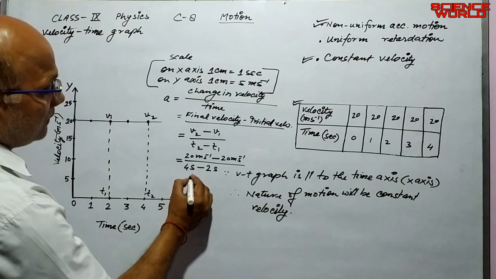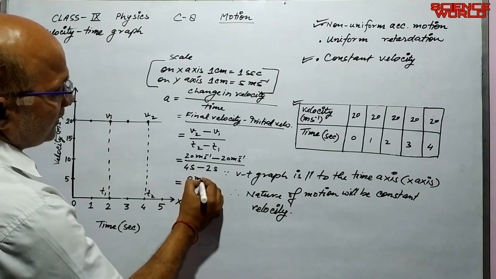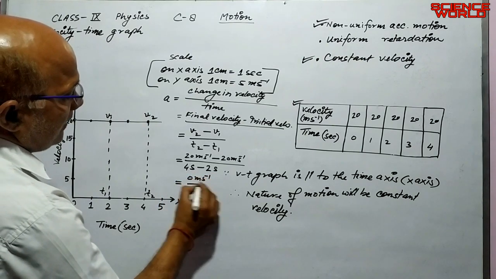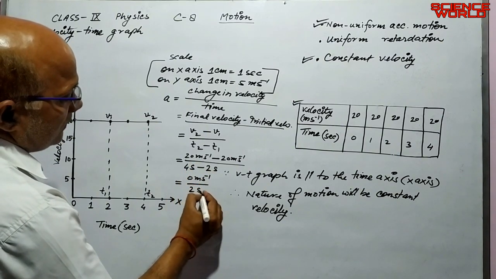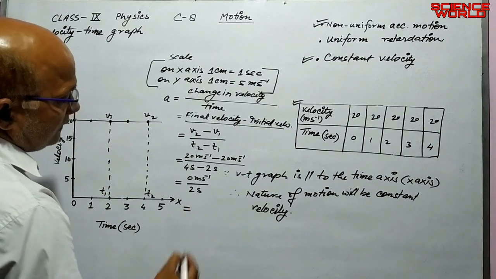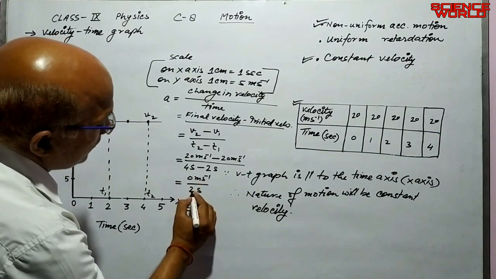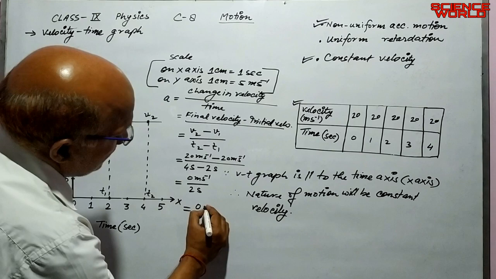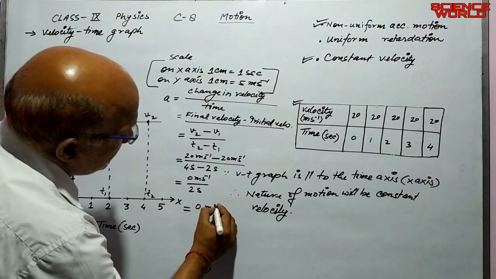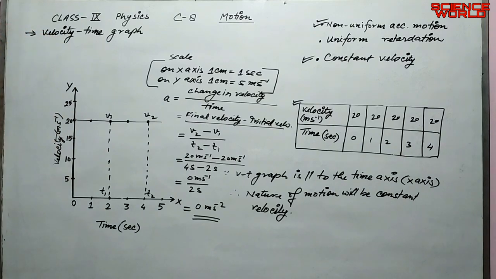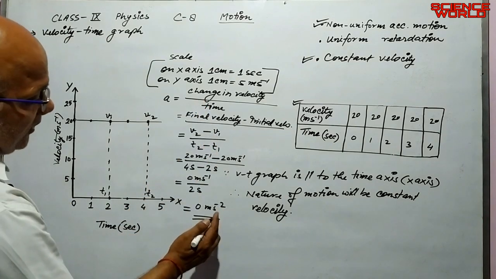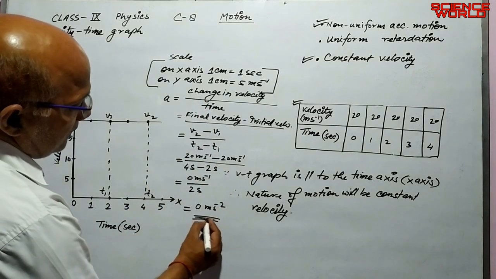So this is 0 meters per second upon 4 seconds minus 2 seconds, which is 2 seconds. So this is 0 meters per second squared. So you can see when the body has constant velocity, the acceleration of the body will be 0.